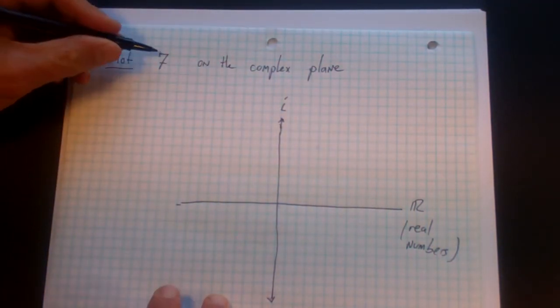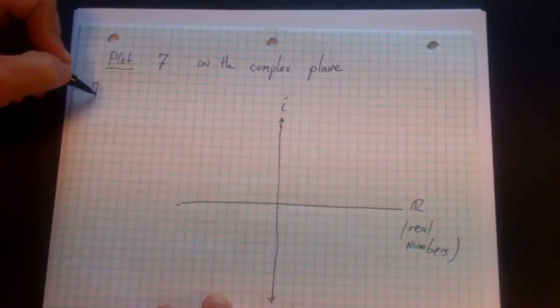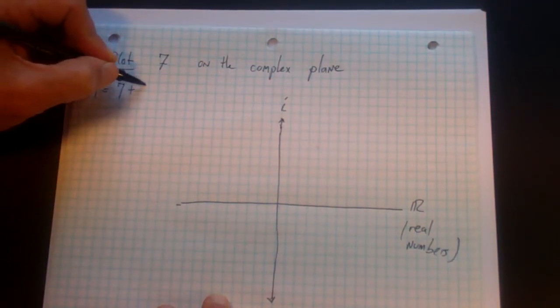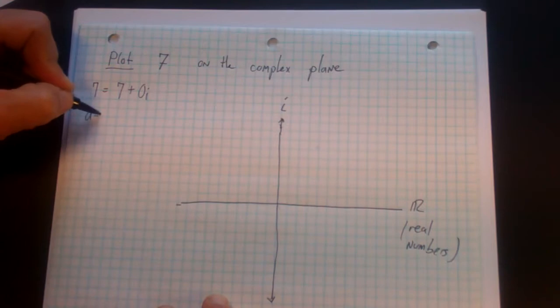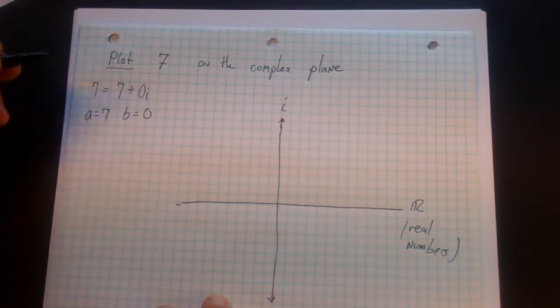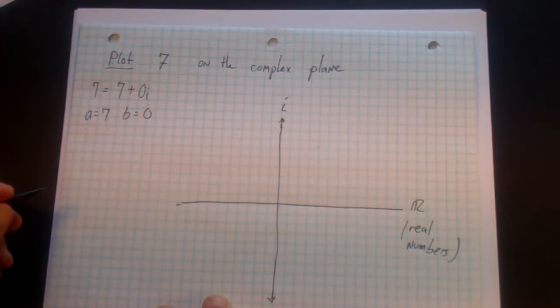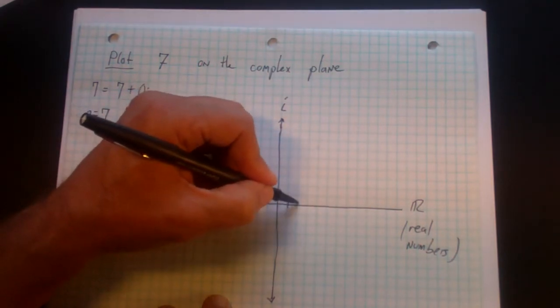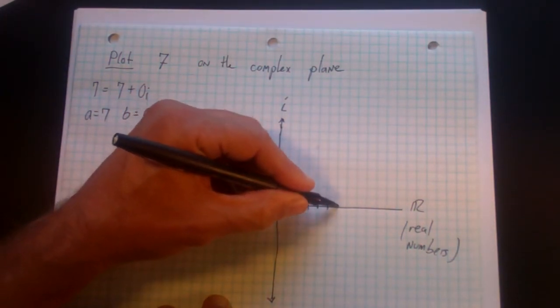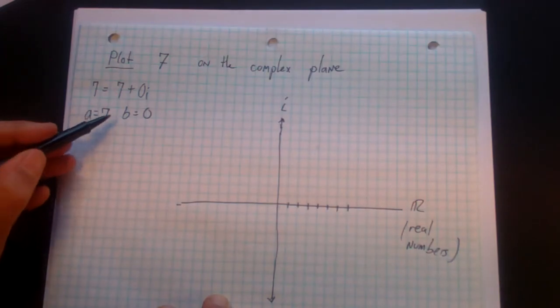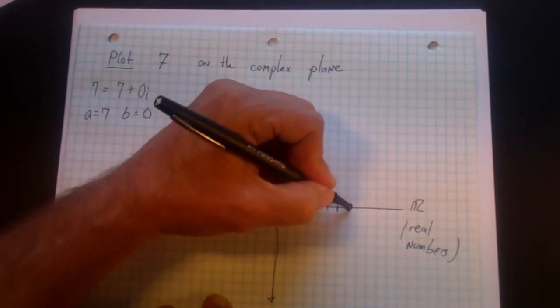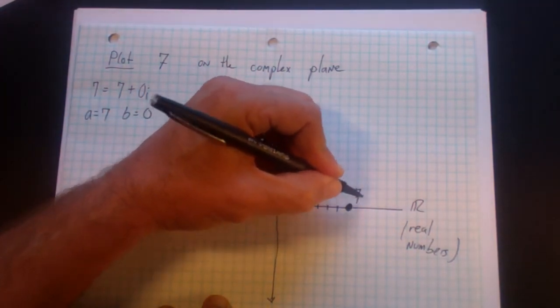In this case, the important thing to realize is 7 can be rewritten as 7 plus 0i. In other words, a is 7 and b is 0. So a is 7, that's the real part. So you go 1, 2, 3, 4, 5, 6, 7. And b is 0, so that's right there. That's 7 right there.